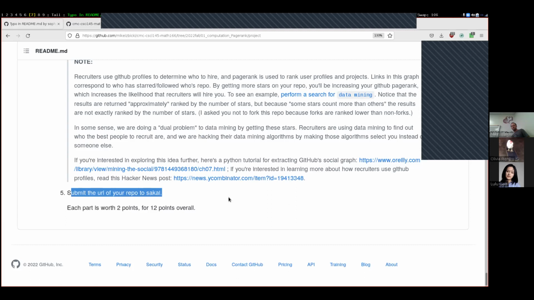Okay. For those of you who have taken previous classes with me, this is a little bit different from the previous assignments, because all the previous assignments had automated grading scripts that run through things like GitHub Actions to verify that your code is correct. With something like PageRank, there are a lot of floating point calculations, a lot of mathematical computations.